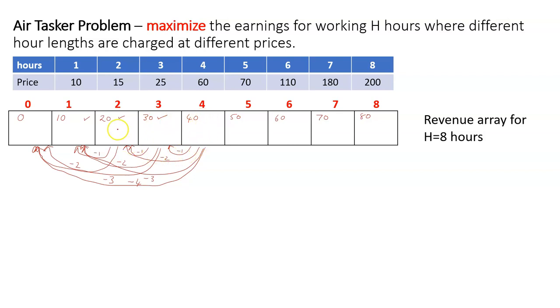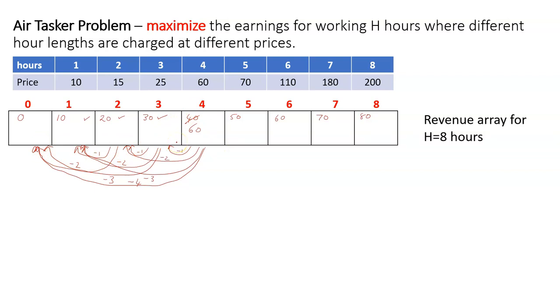Back 2 hours we had 20 there. Add a 2 hour job, which is 20 plus 15, that's 35, no improvement. Go back 4 hours and add a 4 hour job, and that's going to be 0 plus 60, which is an improvement. So we cross that one out, and we've got our $60 there. That was going back 4 hours and taking a 4 hour job.